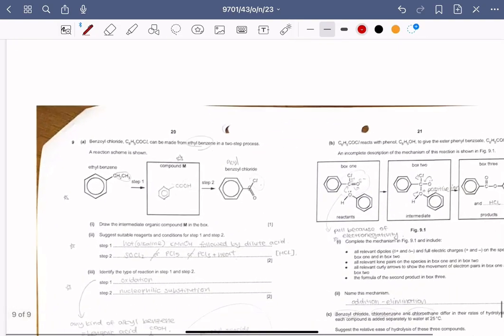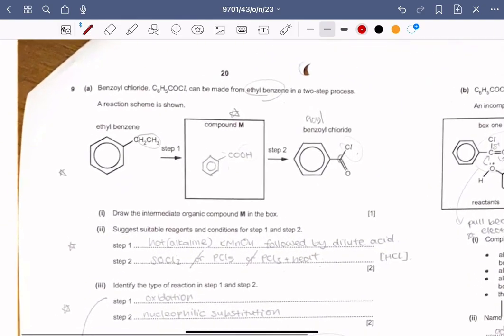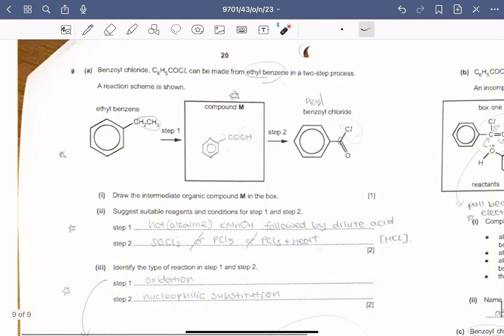Next question, 9a. Benzoyl chloride can be made from ethylbenzene in a two-step process. A reaction scheme is shown. So for ethylbenzene, I draw the intermediate for organic compound M in the box. To form benzoyl chloride, you have to form COOH here first, which is benzoic acid.